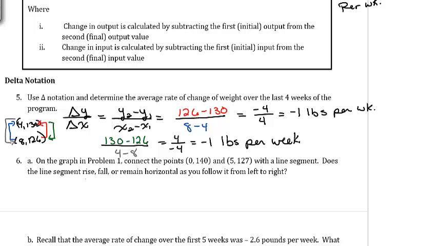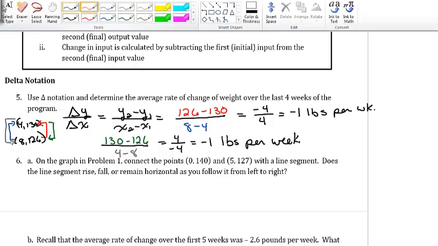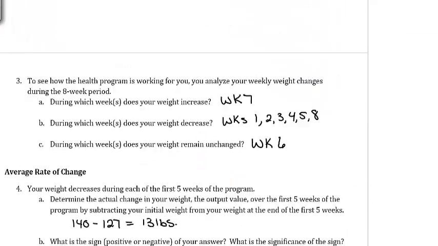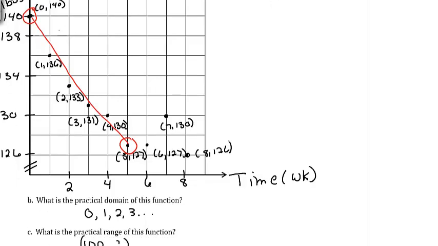And does the line segment rise, fall, or remain horizontal as you follow it from left to right? So if we scroll back up to this graph, when we look at this red line segment as we go from left to right, this is falling.